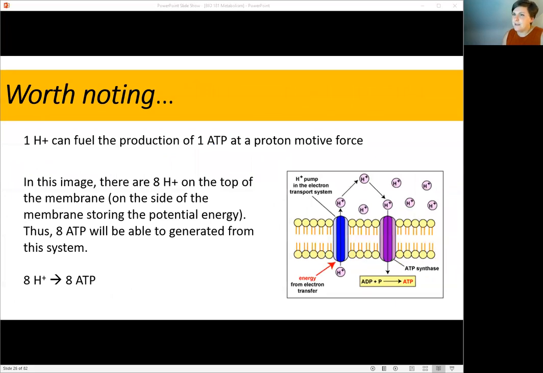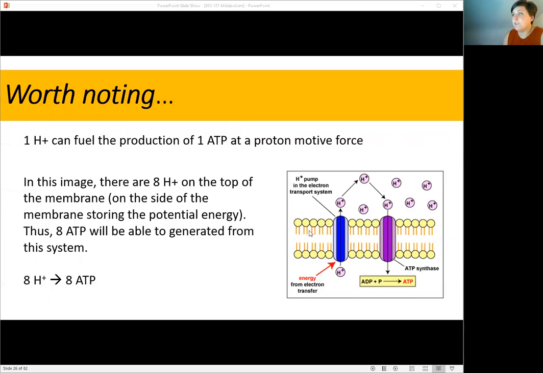There is something that I want to note about proton motive forces. Chemiosmosis of hydrogen ions is able to provide enough energy to phosphorylate 1 ADP into 1 ATP per hydrogen ion. So this means that for every hydrogen ion pumped across the membrane involved in the proton motive force, 1 ATP will be generated.